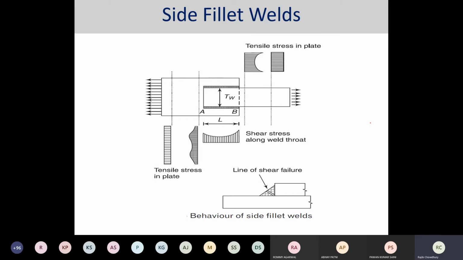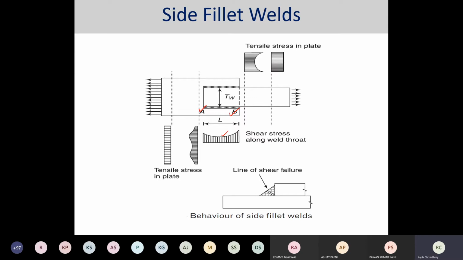So you can find over here the actual variation of the shear stress in the weld from point A to point B, along the length of the weld. This is called the actual variation, which is also related to the width of the plate which is being joined.